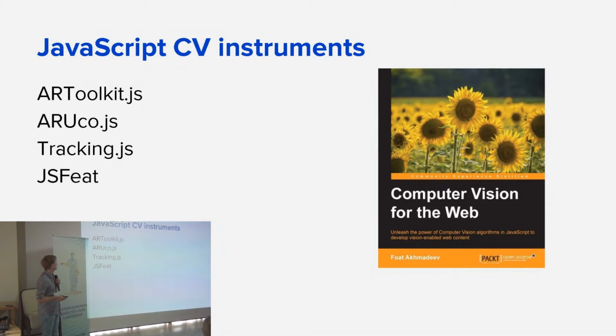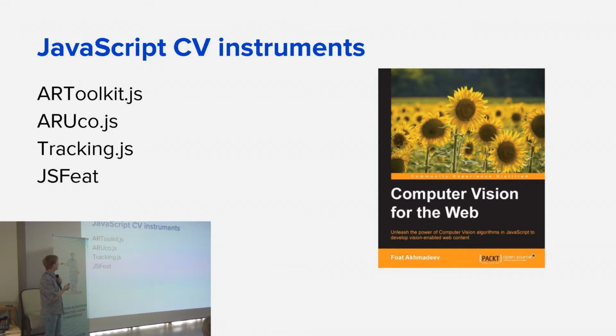Next one, Tracking.js, is a little bit more advanced library. It has some operations like blur, like FAST and BRIEF points and descriptors.